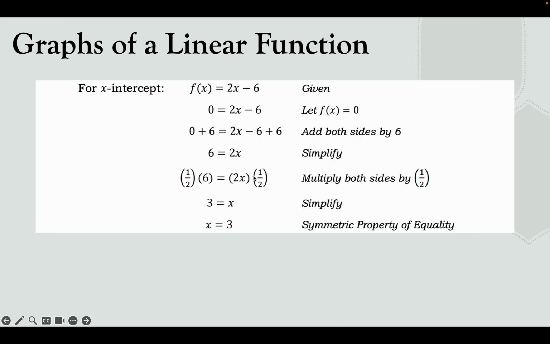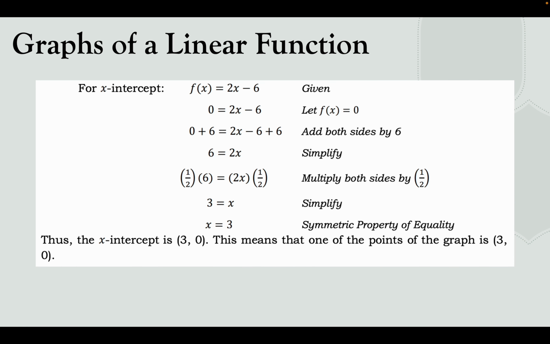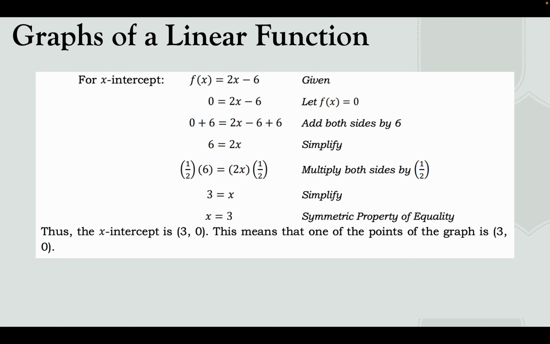So you need to multiply both sides by 1/2, or you can divide both sides by 2. So we have 2x times 1/2, we have x, and then 6 times 1/2, we have 3. By the symmetric property of equality, x is equals to 3. Thus, the x-intercept: when your x is equals to 3, your y is 0. This means that one of the points of the graph is (3, 0).